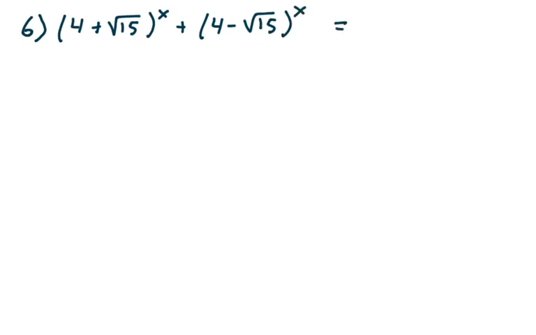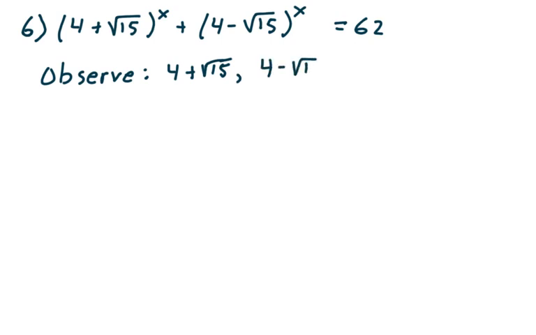And this is equal to 62. This problem looks a lot worse than it is. Okay? Here's what we want to observe. 4 plus square root of 15 and 4 minus square root of 15 are conjugates.